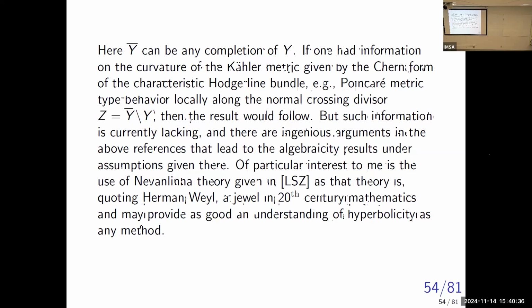Some of the references that I gave use this to draw qualitative information on what the graph of a period map or a family of Hodge structures will look like. And Hermann Weyl, he with his son wrote a book on Nevanlinna theory, and he said that it was the jewel of mathematics of the last century.